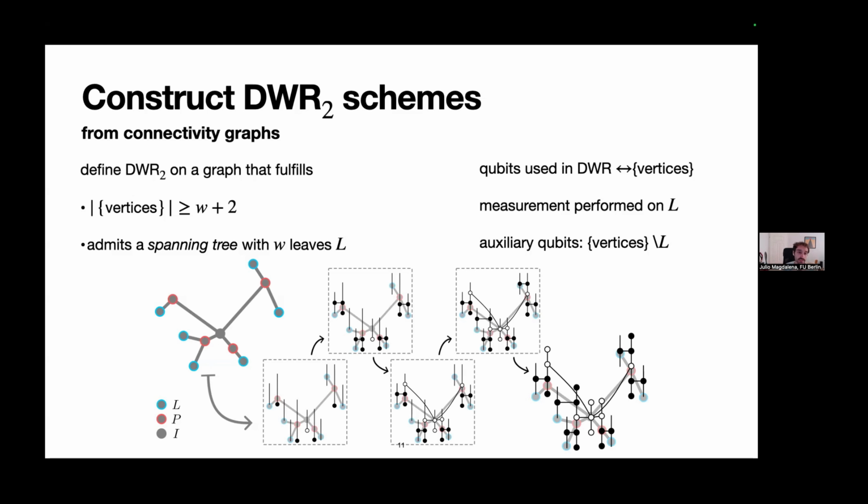So in the first step, for every parent I pick one of their children that is not measured out yet, and I perform a ZZ measurement among those. This is depicted in the second picture.